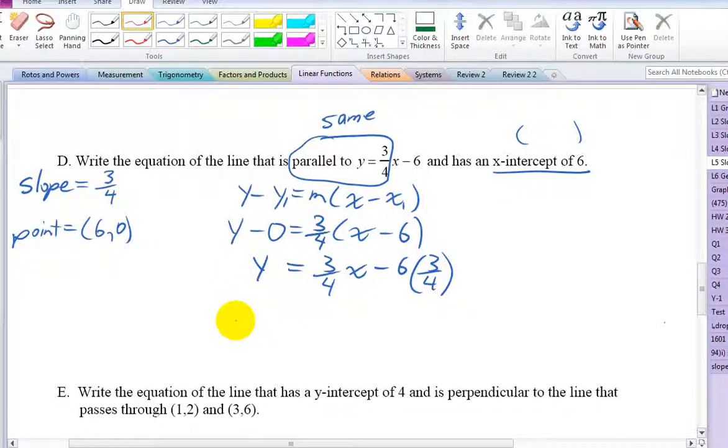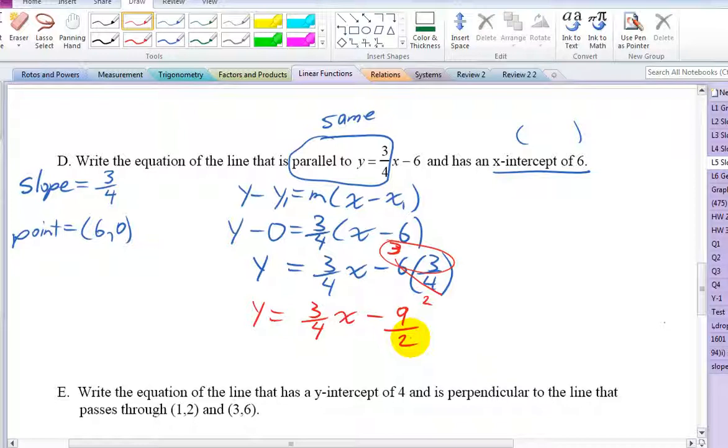Okay. What about 6 and 4? Can they cancel at all? What can you divide them both by? 2. So divide by 2 and you get 2 and the 3. So then when you multiply these together, what's 3 times 3? 9. So negative 9/2 is our intercept.